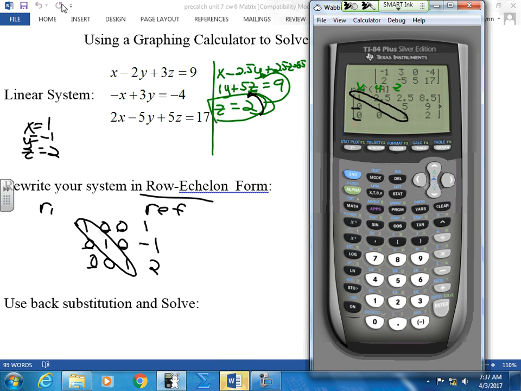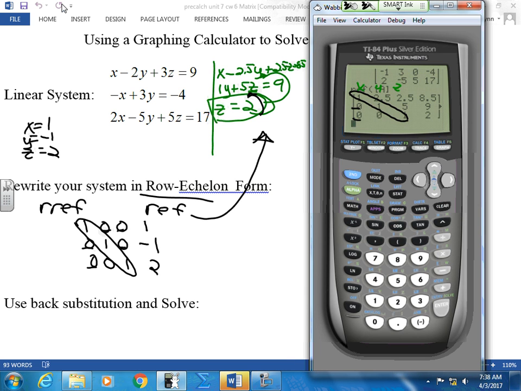This is RREF. So REF, you have to back substitute. RREF is reduced row echelon. You don't really need to know the difference between what it means, but you can kind of see by looking at it, right? One has all those extra zeros, one doesn't. When you have all these other numbers, you have to create equations and just back substitute.